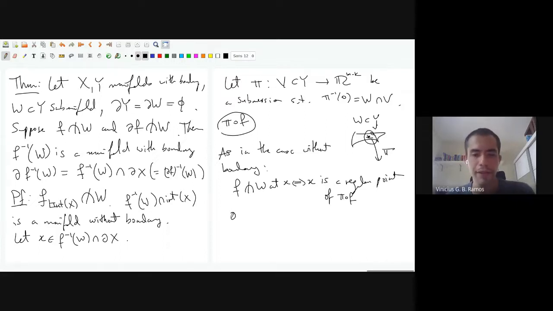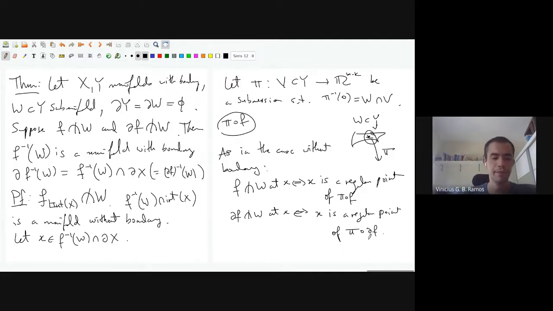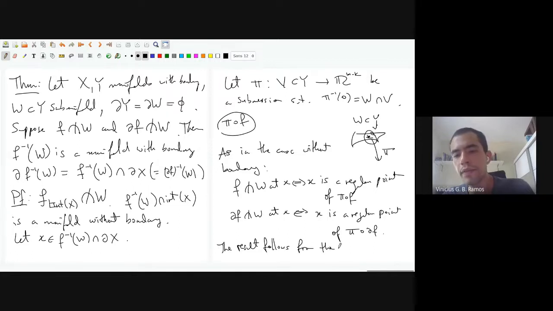And the same for the boundary. So the boundary of f intersects W transversely at x if and only if x is a regular point of pi composed with the boundary of f. And now we can just apply the proposition that we have proved. So now the result follows from the proposition above.